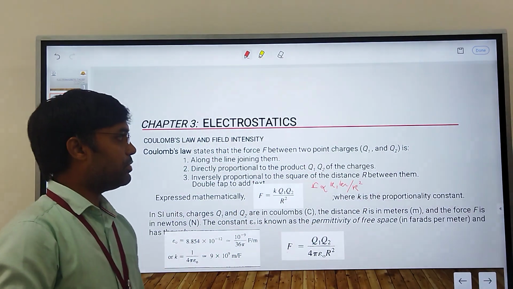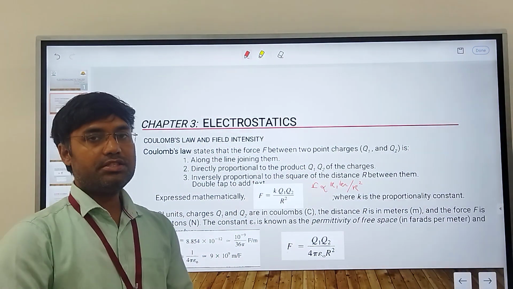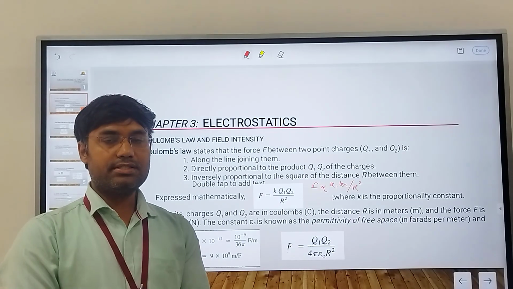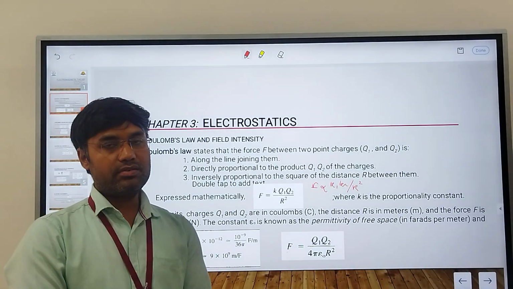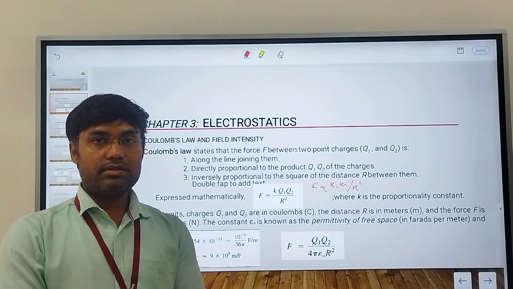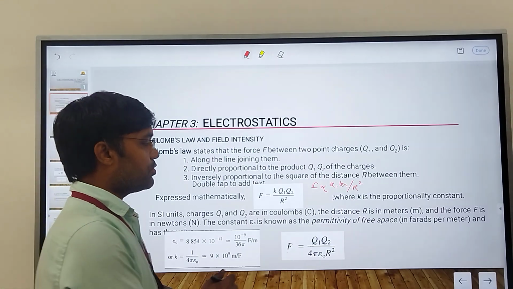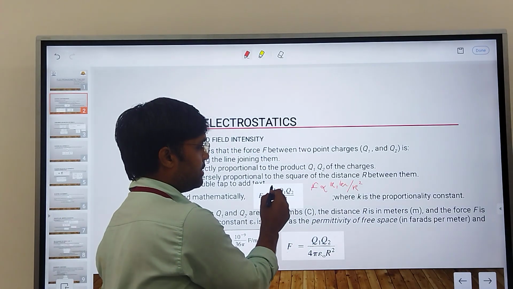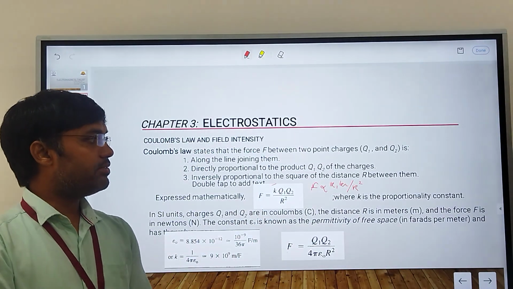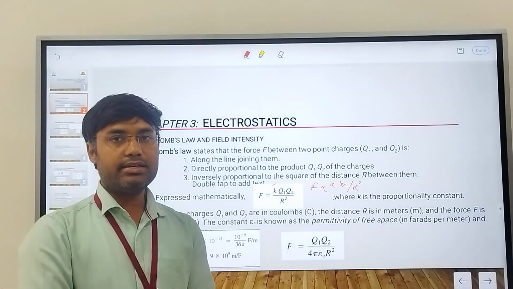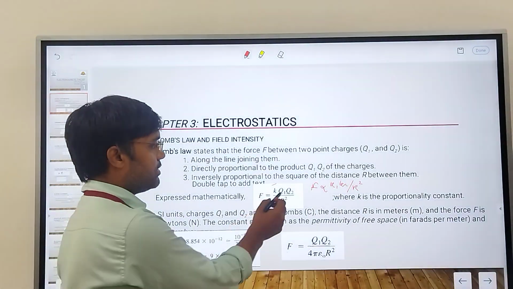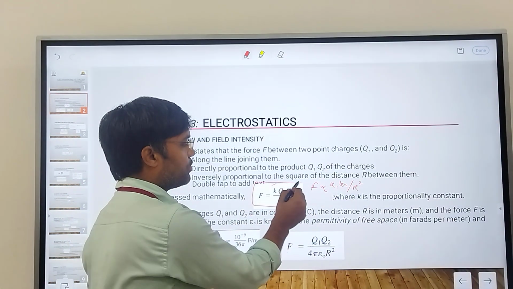Here Q1 and Q2 are the charges at two distinct points, and R square is the square of the distance between the two point charges. After the proportionality, we put a constant K, which is known as the proportionality constant. So this is the mathematical expression of Coulomb's law.